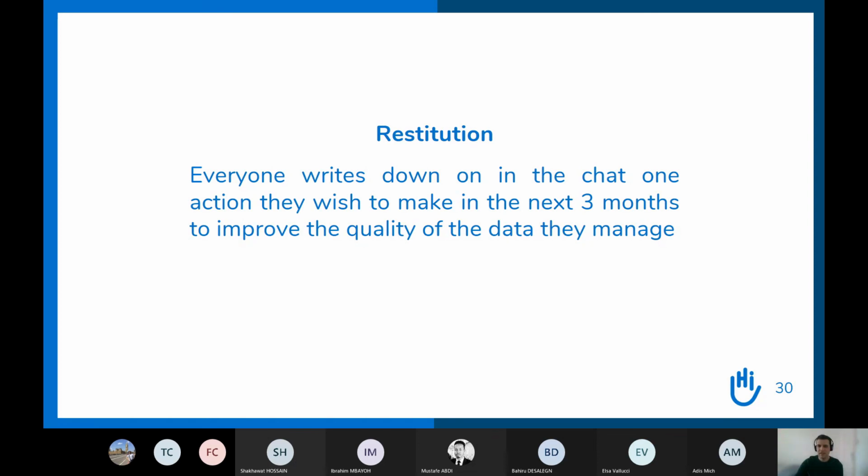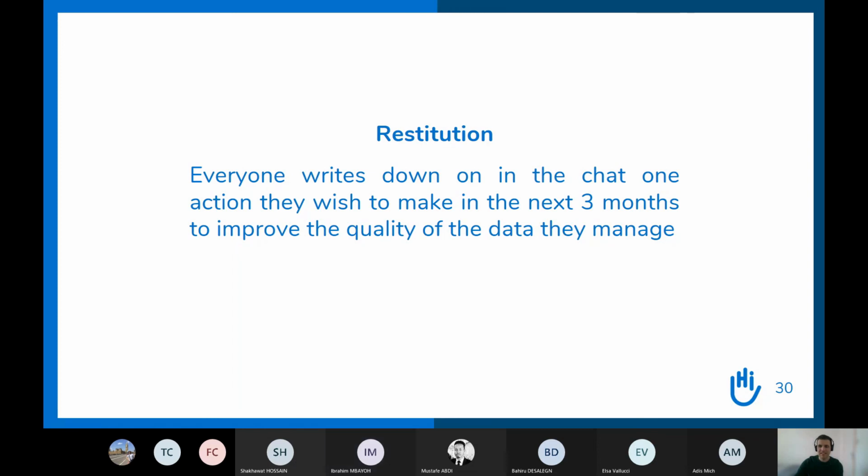Ayub wants to work on SOPs. Addis, multiple formats for easy access. Add capacity development for the IAM officer for ensuring data quality in data collection.